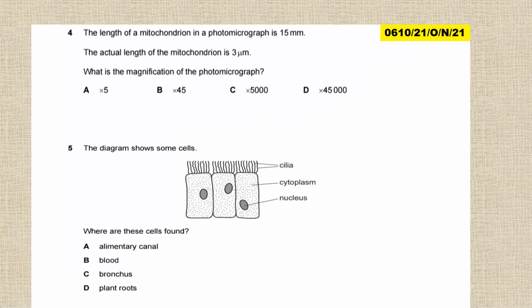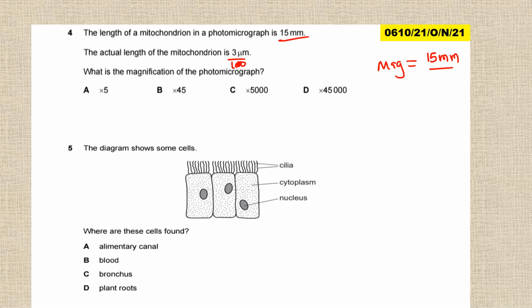We look at this one, that is paper 2, variant 1, October/November 2021. The length of the mitochondria in the photograph is 15 millimeter. The actual length of this is 3 micrometer. What is magnification? So magnification here is going to be the image size, 15, that is the photograph image, divided by the actual, 3 micrometer, divided by 1000.